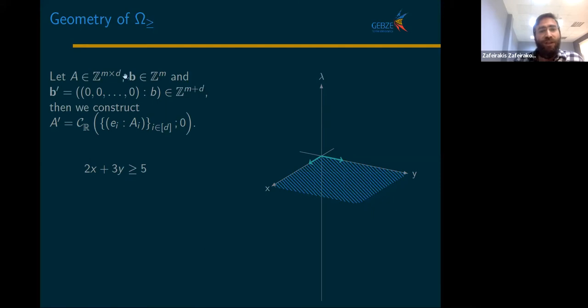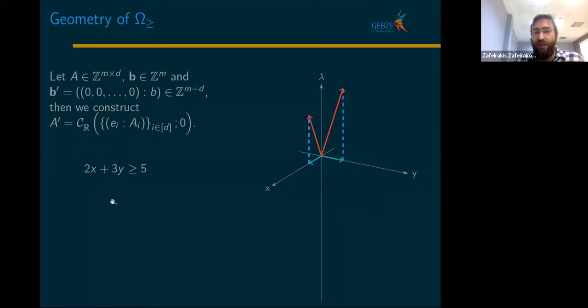So the first step is, if we take our system A and B, I will prepend in every column of A the corresponding unit vector, and I will prepend adequately many zeros in B. What this means is I take the unit vectors and I lift them by columns of A. So 1, 0 goes to 1, 0, 2, since every column has one element.